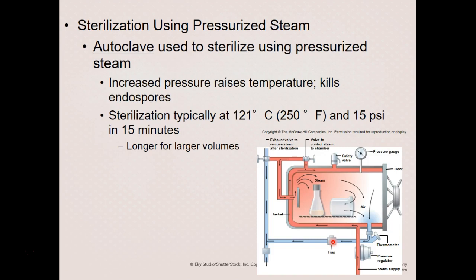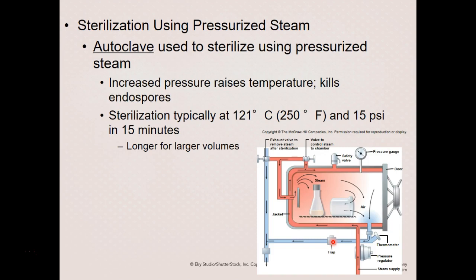So we can also use moist heat to sterilize. When we use moist heat to sterilize, we actually have to get the temperature higher than just boiling. So in an autoclave, we increase the pressure.